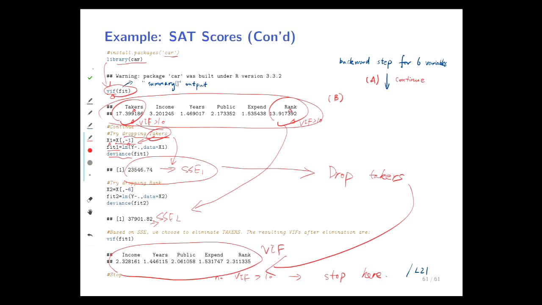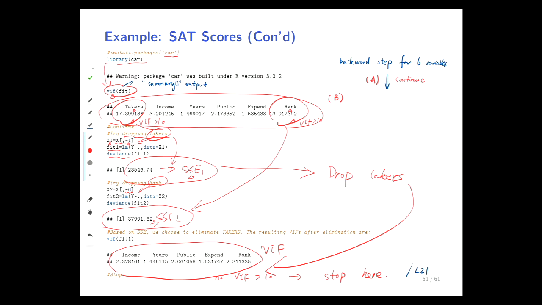So we can find that dropping this takers variable, we have this SSE1. Or we can try to drop rank. So -6 means we eliminate the 6th column of this data matrix. So that means we drop the rank variable. And in that case, we can also get the sum of the squared error by dropping this variable in the regression. So that's our sum of the squared error 2.